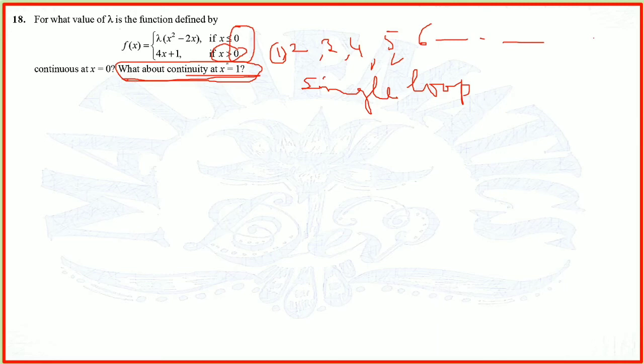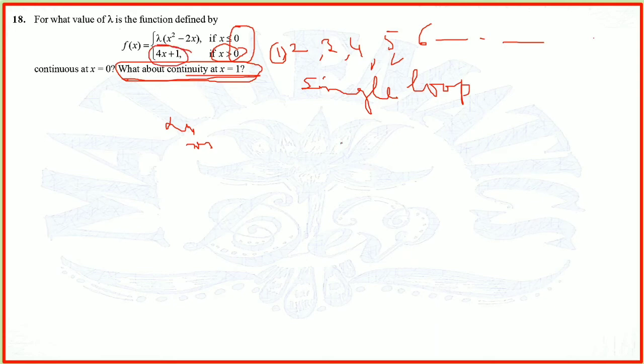Mathematically we can write the limit as x tends to 0, whatever we are putting, and that value is 1, and f of 0 is equal to 0. Due to the single loop for x greater than 0, this function is the same thing.